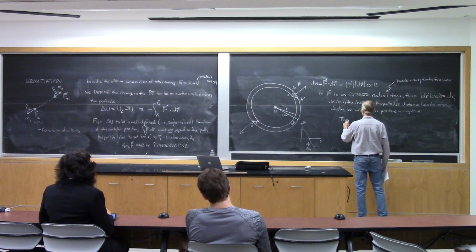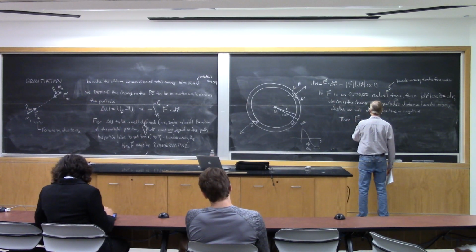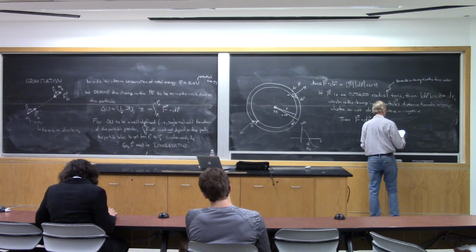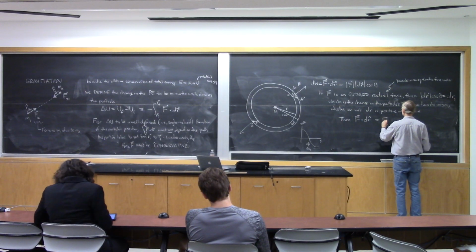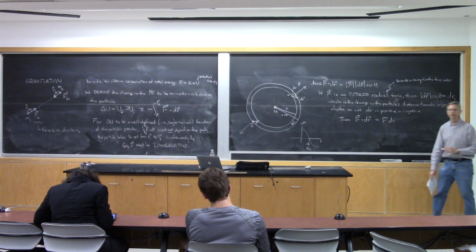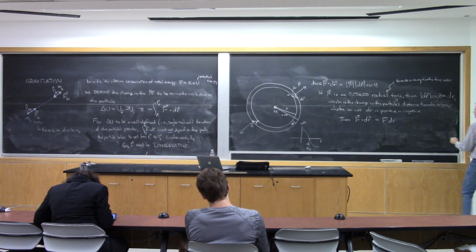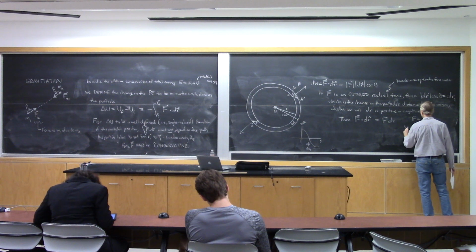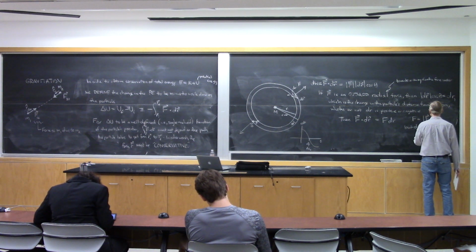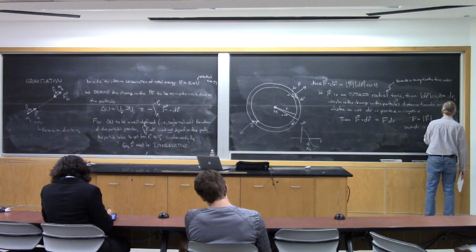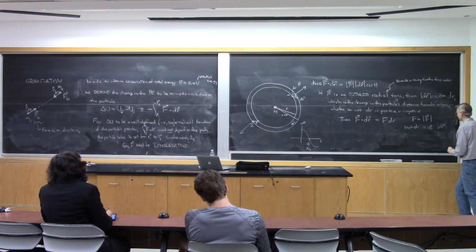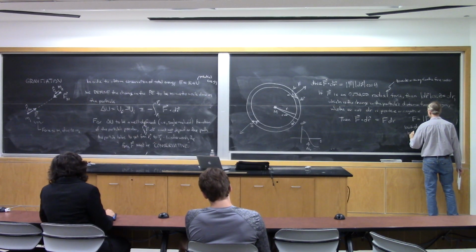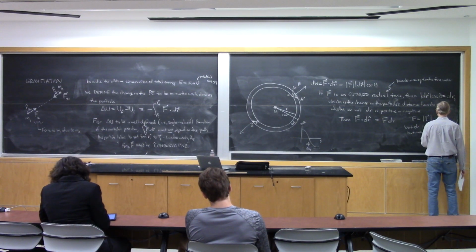In which case, then, we can say that F dot dr is just equal to F dr, where by F I mean the magnitude of F, but dr is not the magnitude of the little displacement dr, but instead the change in distance from the origin.